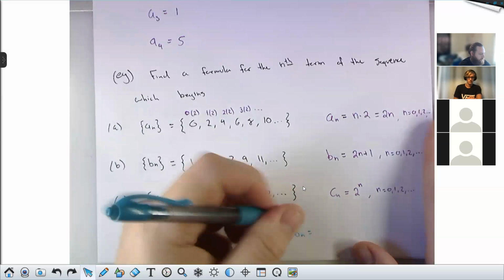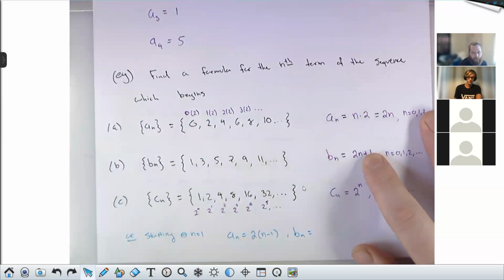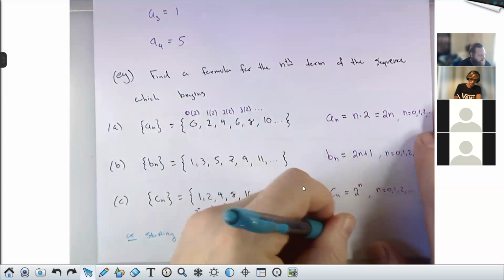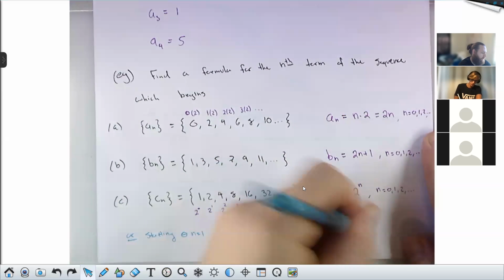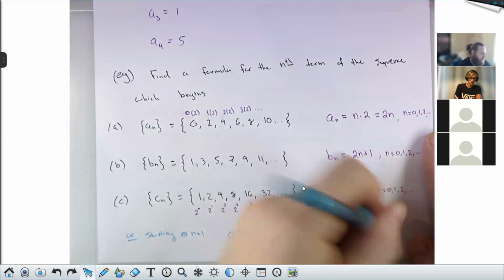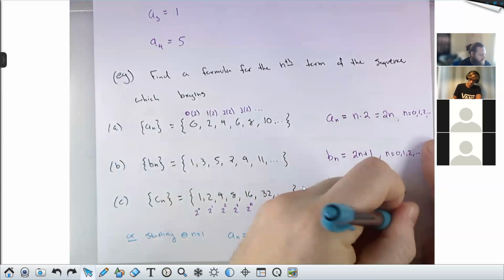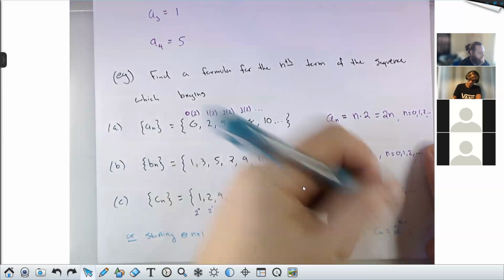If I replace n by n minus 1 here, that would be 2 times n minus 1, plus 1. And if you distribute that out, that becomes 2n minus 1. And c_n here, rather than being 2 to the n, would be 2 to the n minus 1.